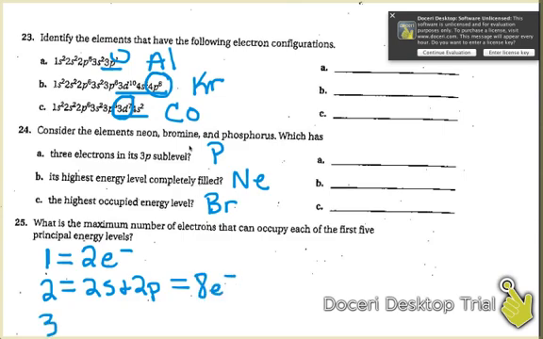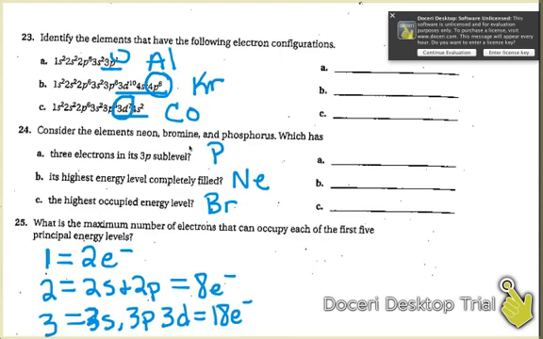The third energy level, there is 3s, 3p, and 3d. 3s can hold 2, 3p can hold 6, and 3d can hold 10. So that means it can hold a total of 18 electrons. Let's look at the fourth.